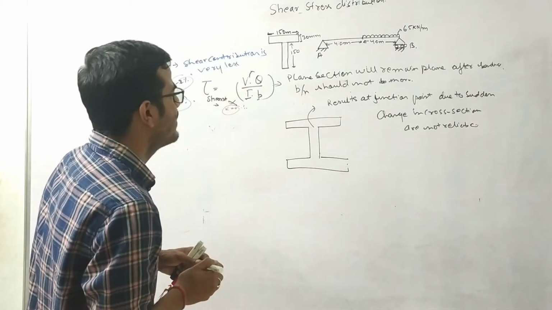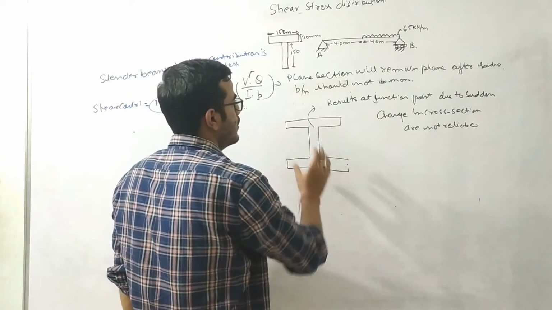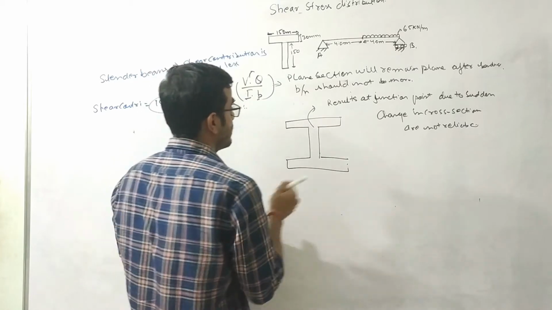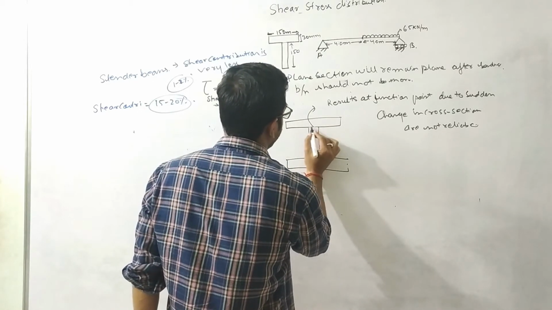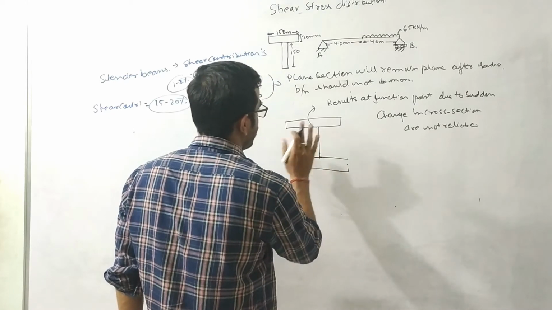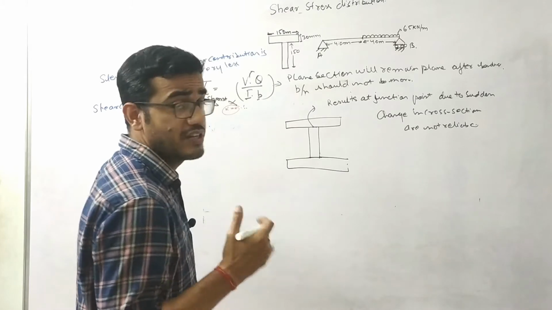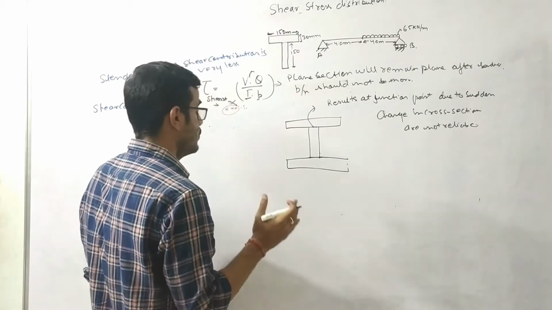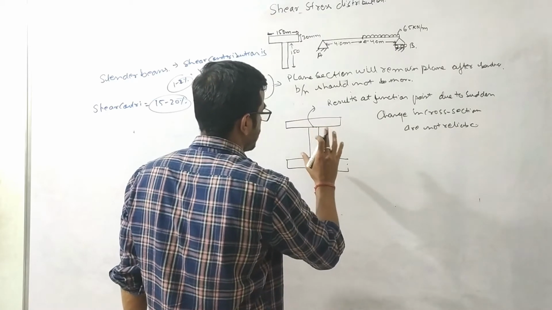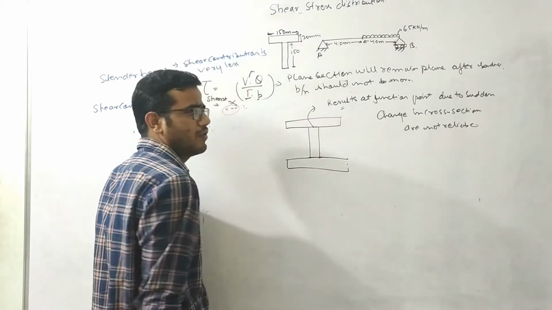So what happens is that there is a sudden change of cross section at these points, and there might be some stress concentration issue. So at this point the result may deviate from the actual results.